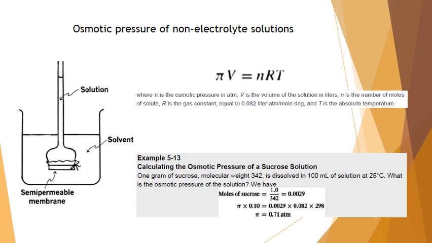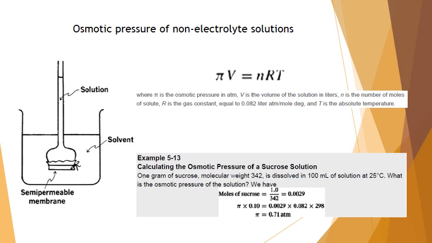Now in this slide I'm going to talk about the fourth and the last colligative property related to solutions of non-electrolytes. In this case we do have the osmotic pressure. That's the last colligative property.